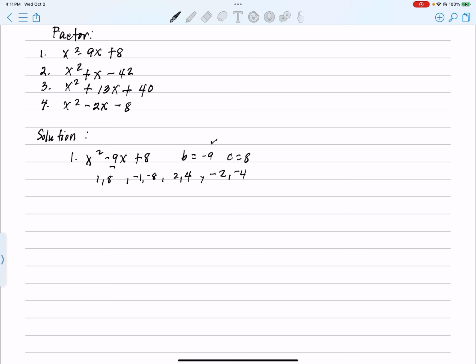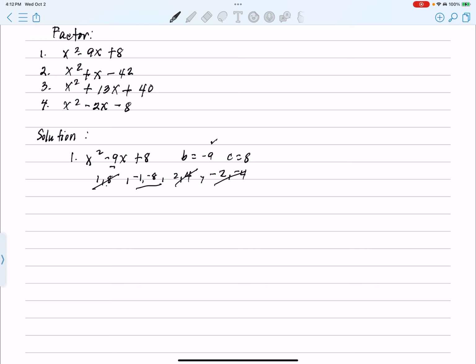So 1 plus 8 will give you 9, but it's not negative. Negative 1 plus negative 8 is giving you negative 9. 2 plus 4, that is 6, is not. Negative 2, negative 4, it's not. So our pair of factors is negative 1 and negative 8.